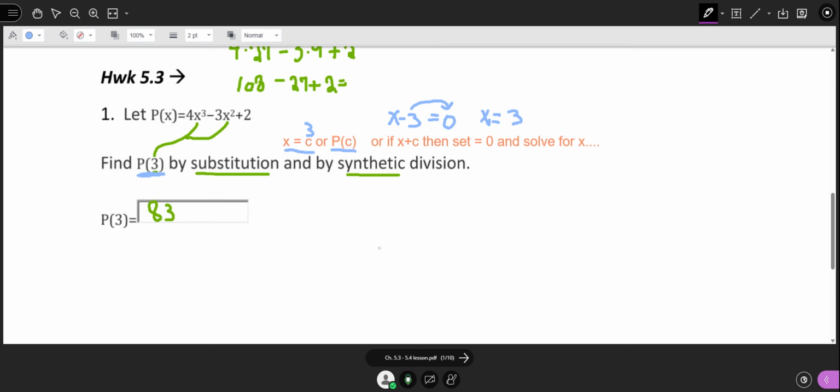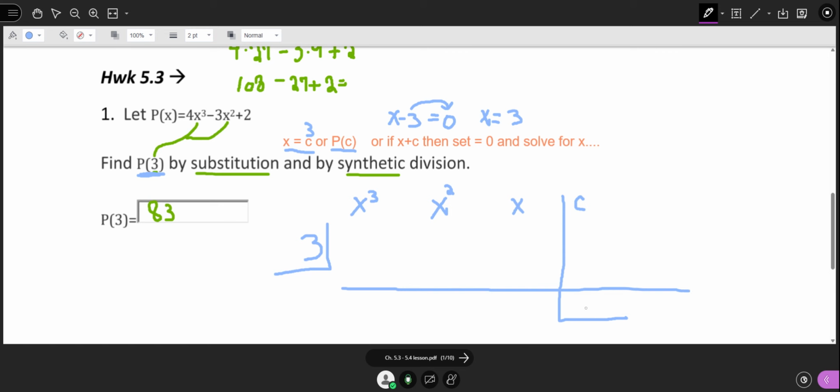Now, how do we set this puppy up? We say 3, and we put a little box going left. Then we put x cubed. Again, we cannot have any missing pieces. X squared, x, constant. Then we put a big box around the constant. Then we put a line.